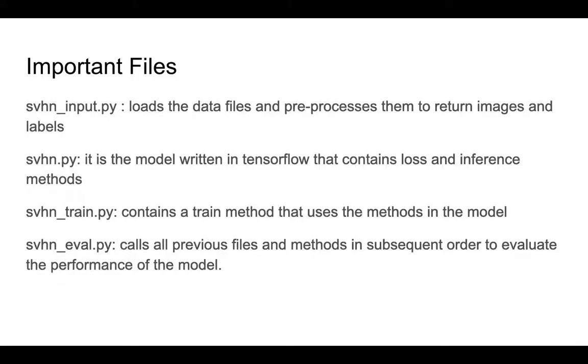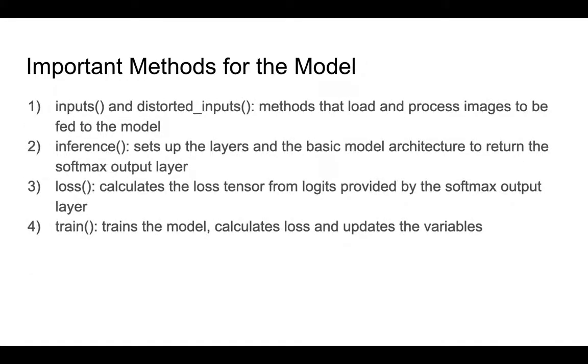And then finally, once we have our model trained on the training data, we can call svhn_eval.py, which calls all the previous files, uses the methods and classes defined in them, and tries to evaluate the model based on that.